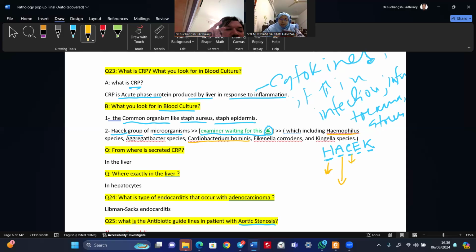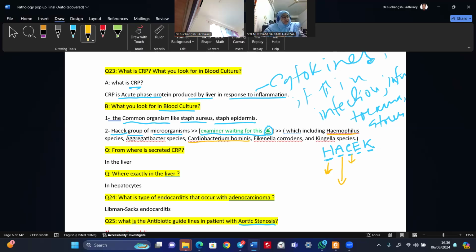Haemophilus species, Aggregatibacter species, and Cardiobacterium hominis.